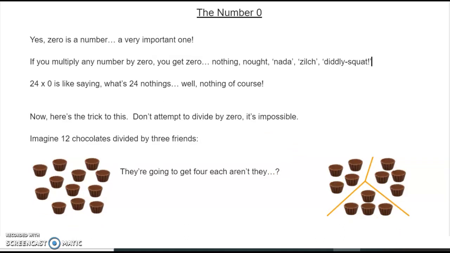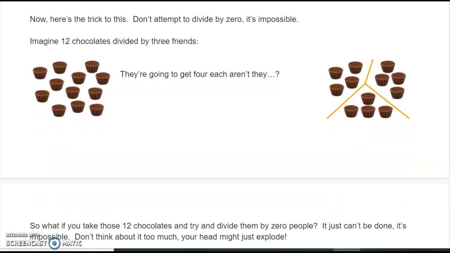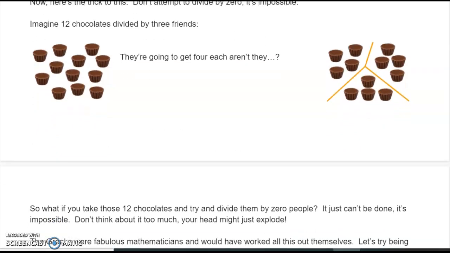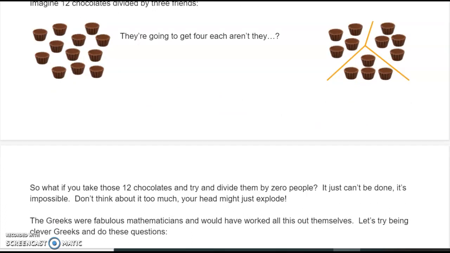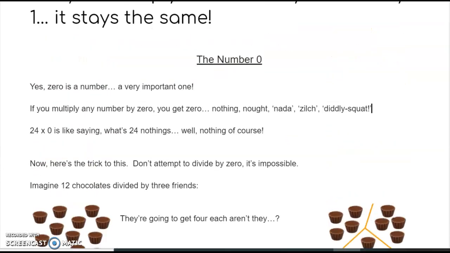Now imagine those same 12 chocolates and try and divide them by 0 people. It can't be done, can it? It's impossible. Don't think about it too much, your head might explode. But you cannot divide any number by 0. That's what we're learning about today.